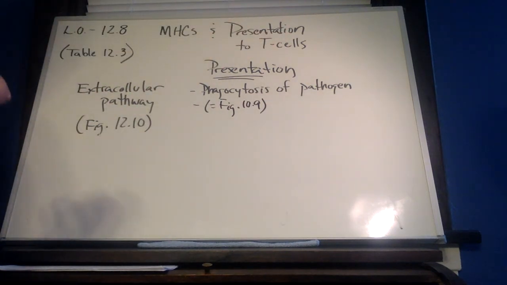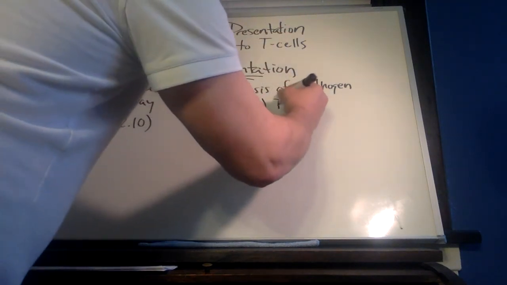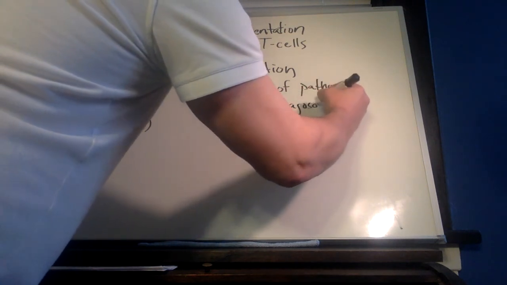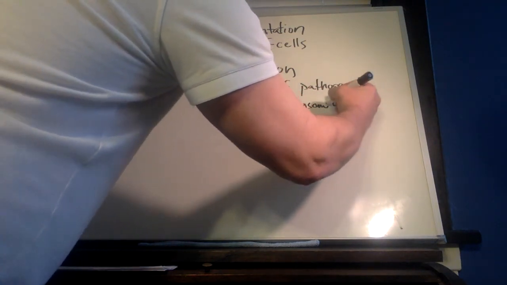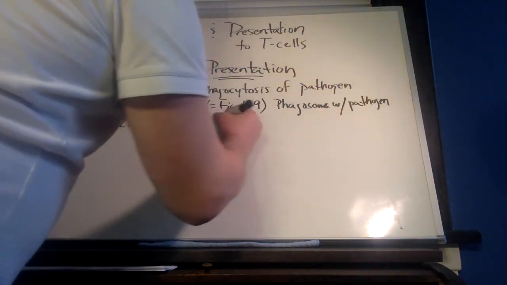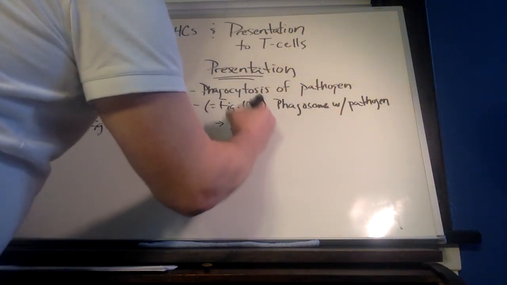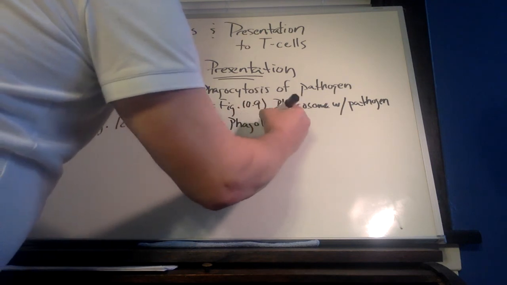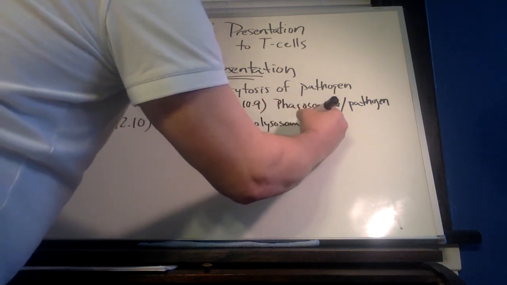When we bring something in, this creates a phagosome with the pathogen. That phagosome then merges with a lysosome to create a phagolysosome.